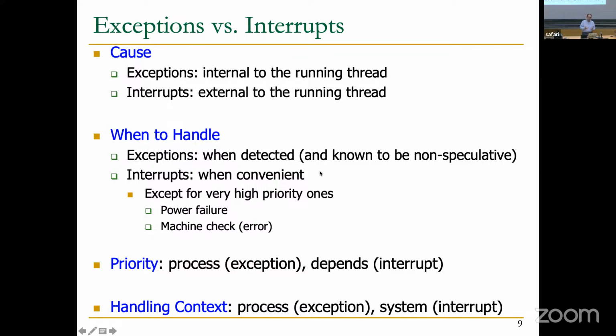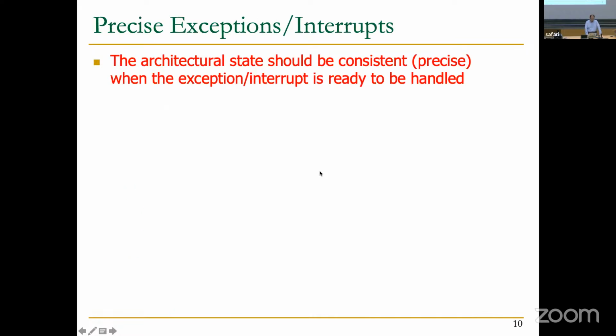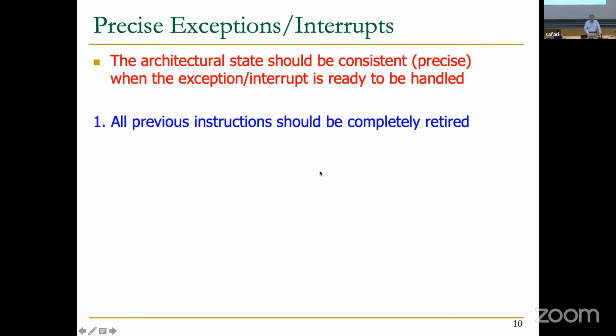But interrupts are usually handled by the system, the operating system. We are not going into detail today, just giving you an overview. So basically the architectural state should be consistent. When we move to precise exceptions and interrupts, this is the rule: the architectural state should be consistent, or precise, when the exception or interrupt is ready to be handled.